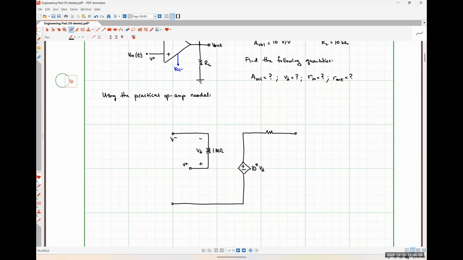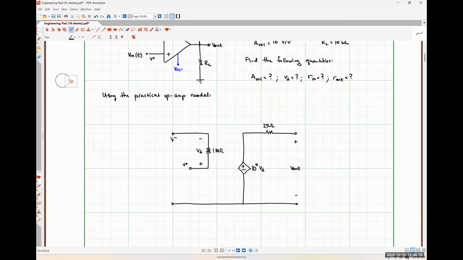This is my output resistance, which is 25 ohms. Here's my output voltage for the system, V out.